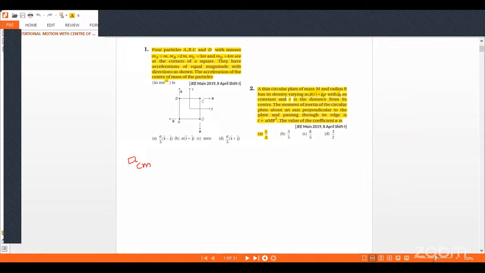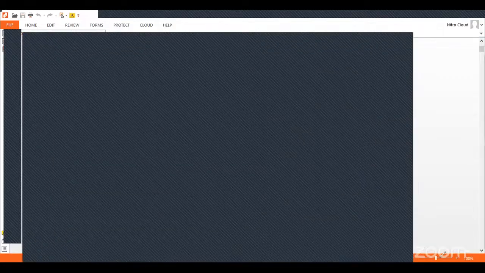The first question. Four particles A, B, C, D with masses M, 2M, 3M, and 4M are placed at the corners of a square. They have accelerations of equal magnitude with directions as shown.